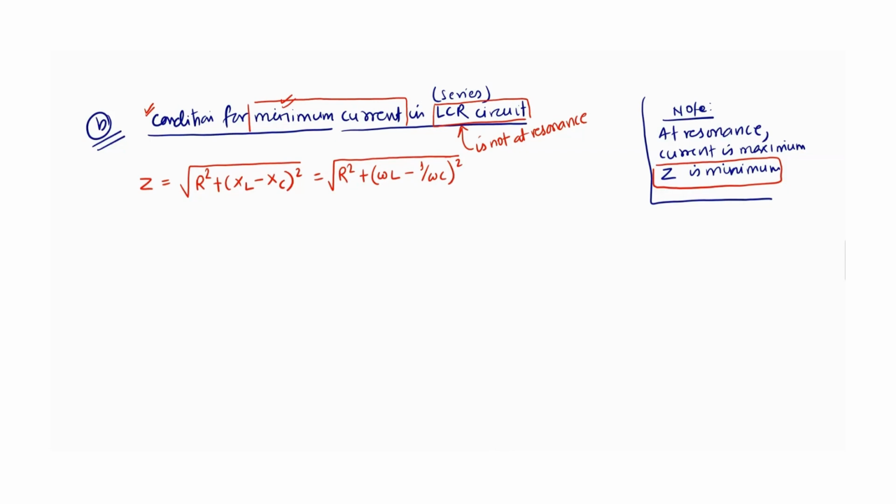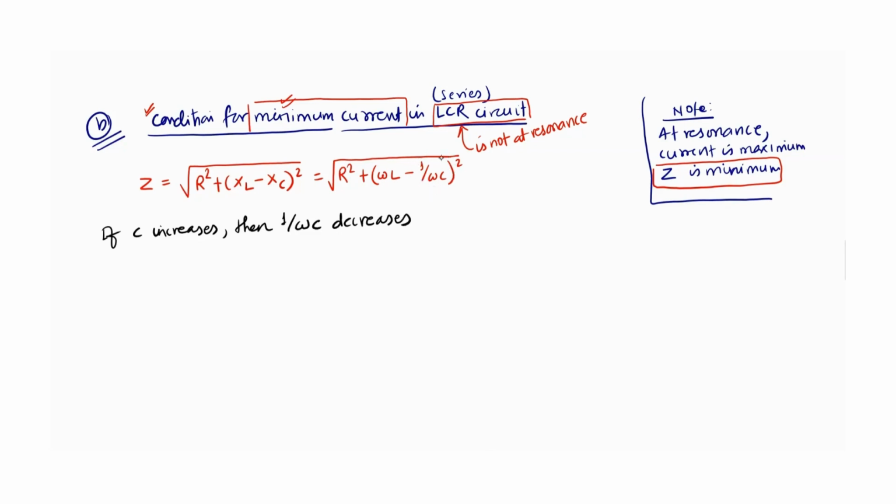So if the capacitance of the capacitor increases, if C increases, then 1 by omega C decreases.